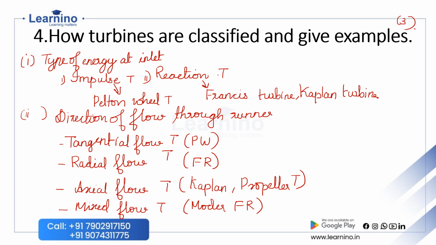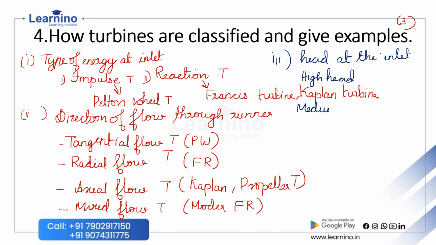Okay, and the next classification is based on the head at the inlet. Based on head at the inlet, turbines are classified into high head turbine, medium head turbine, and low head turbine.